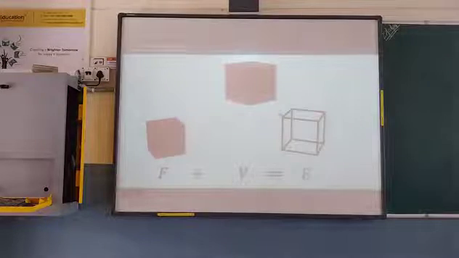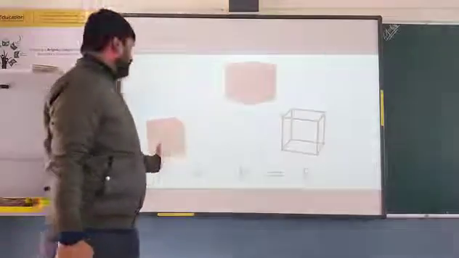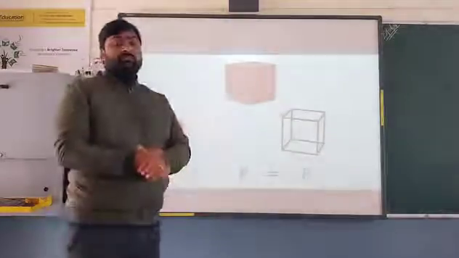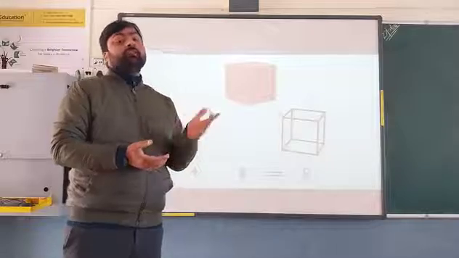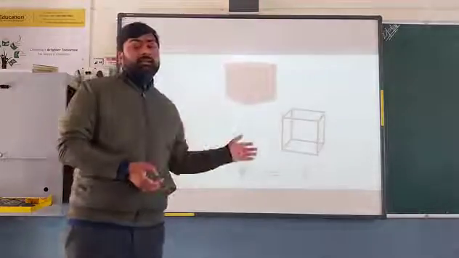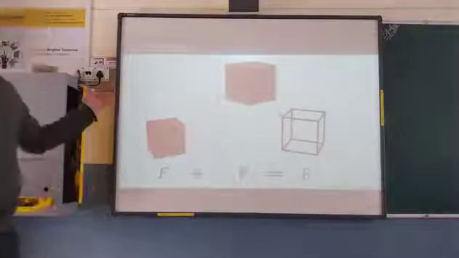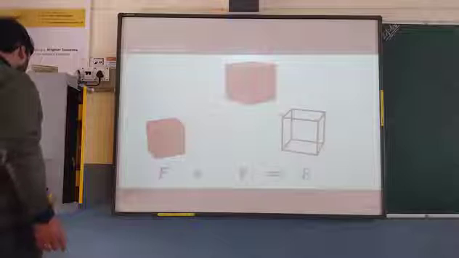Now see, for the polyhedrons, the number of faces, vertices, and edges may vary from polyhedron to polyhedron, but still they all will verify this formula, or this formula holds true for all these polyhedrons.